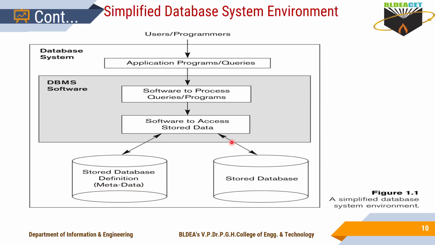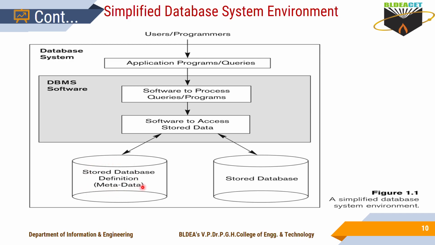The remaining thing is when I enter the information for the student name. For example, assume that the name of the student is Harry and the USN number is 2BL17IS001. Harry and 2BL17IS001 are stored in the stored database, while the student name and USN and data types are stored in metadata.